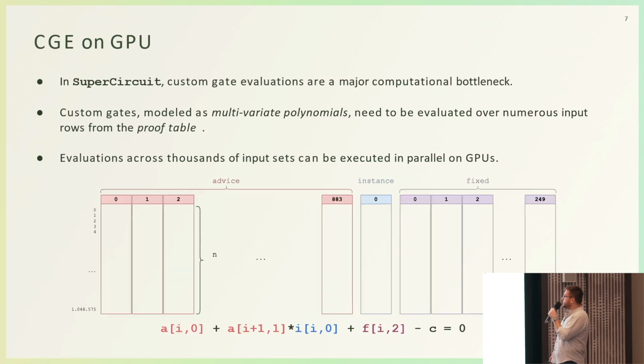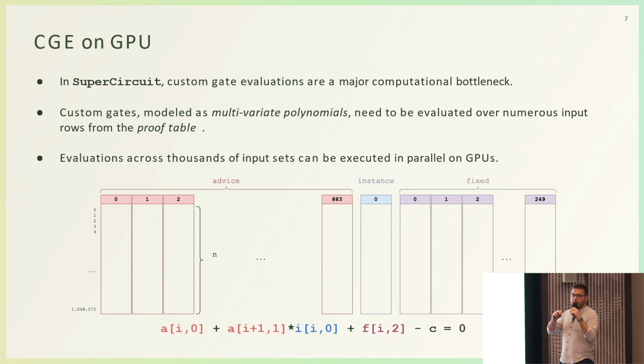The third point is about custom gates evaluation. This is a joint effort with our partner, Maya ZK. This custom gates evaluation is our main target for this talk, as it is one of the major bottlenecks. Essentially, they are multivariate polynomials that we need to evaluate over thousands of different inputs, but it's always the same polynomial.